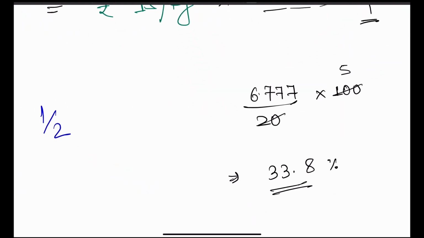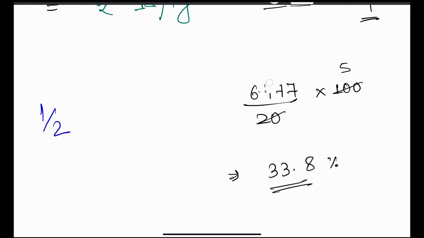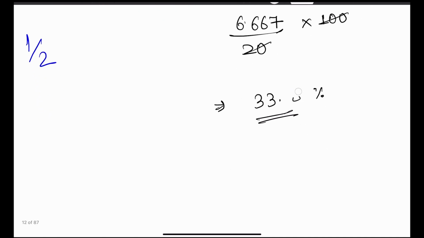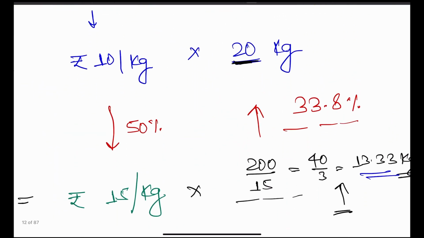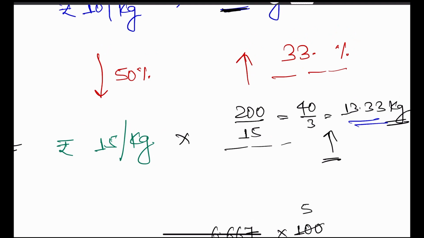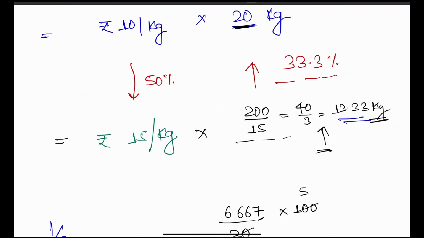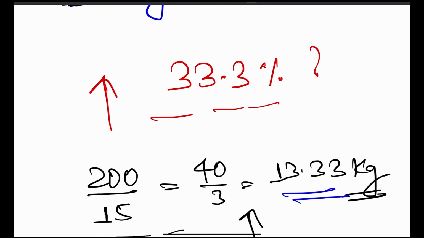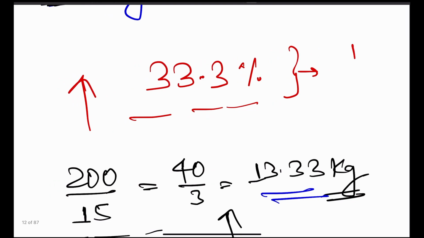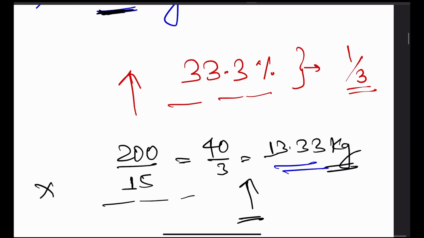Instead of 77 I made a mistake here, that's why I was thinking it will be 6.667, and instead of this 38 it will be 33.333. Here also 33.333. So if it's 33.333, I can easily say in percentage terms, I have already remembered this is equal to 1 by 3.